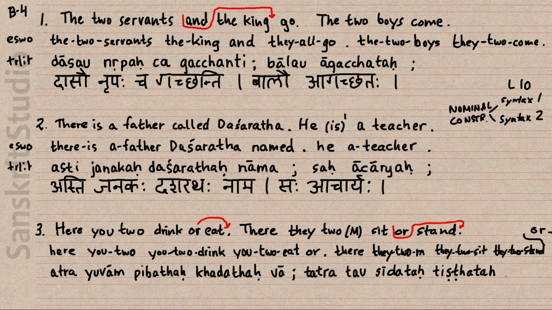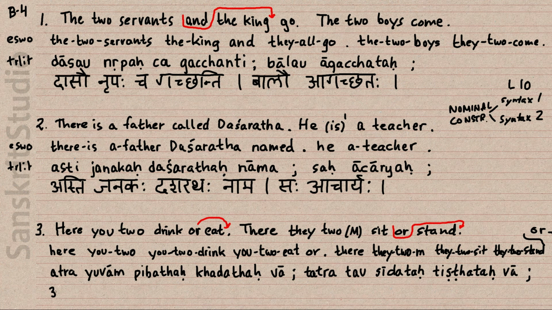Tishtataha, dental T there at the end. And then we have the disjunction here, va, at the very end. Tatra tau sidataha tishtataha va.